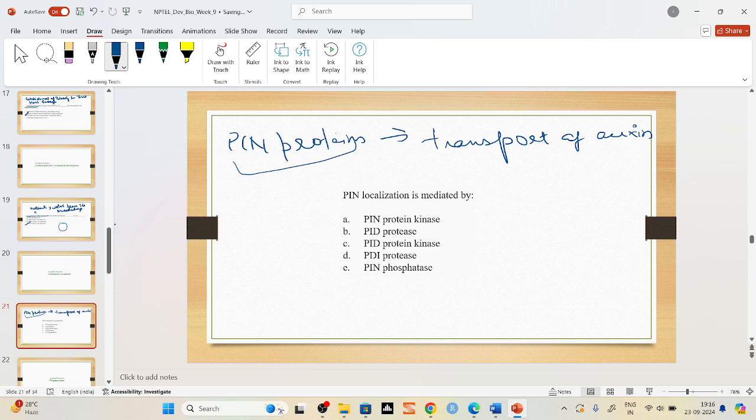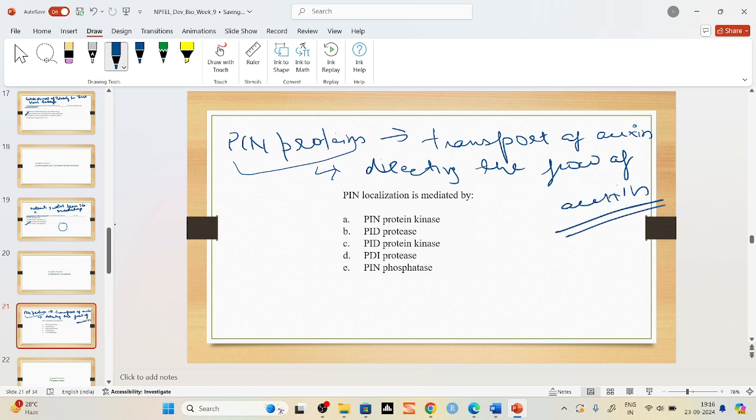They have an important role in directing the flow of auxin hormone. Okay. So this is about PIN proteins and their localization. So they are localized where? They are localized in the plasma membrane of the plant cells.